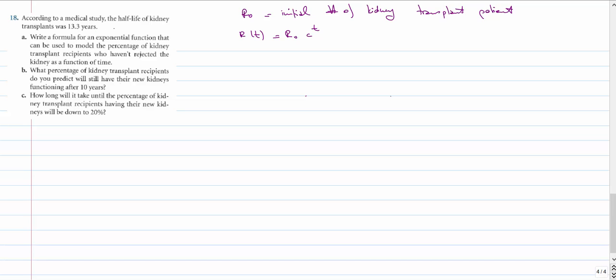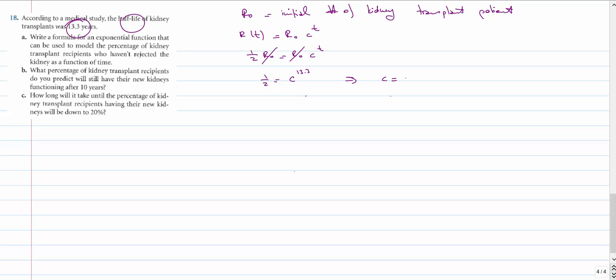And because it's half-life, half of R sub 0 is R sub 0 times c to the t. R sub 0's simplify each other. Okay. So if the number of years is 13.3, then 1/2 is equal to c to the 13.3, right?